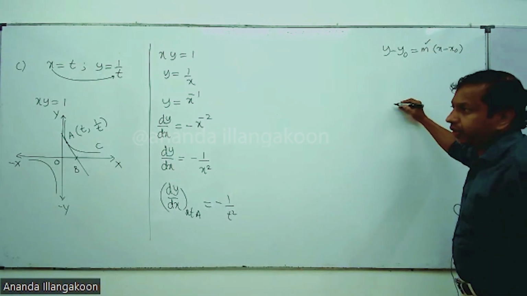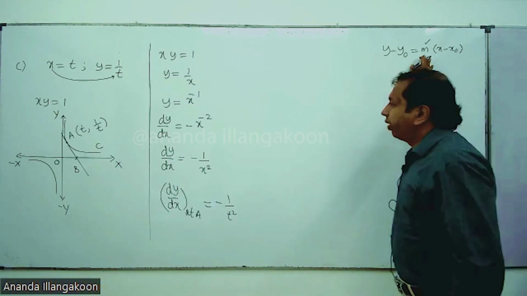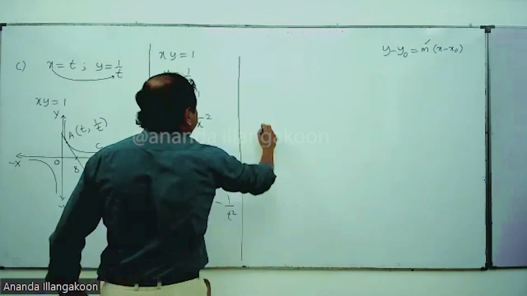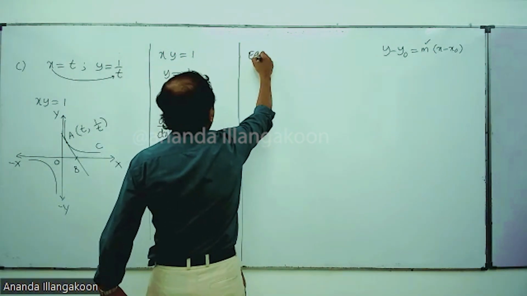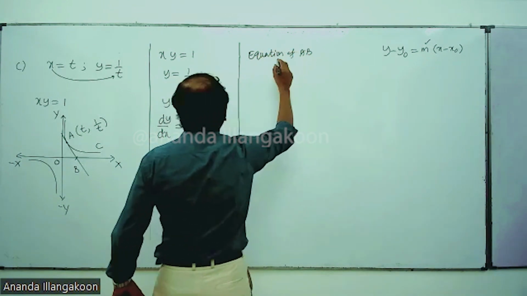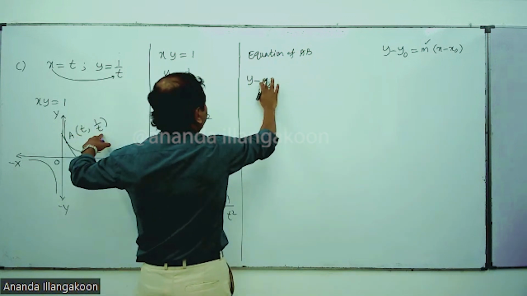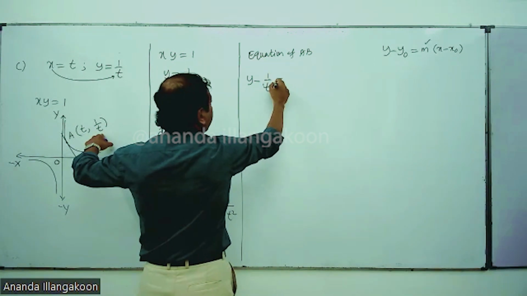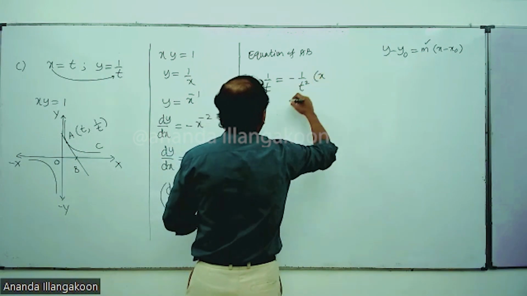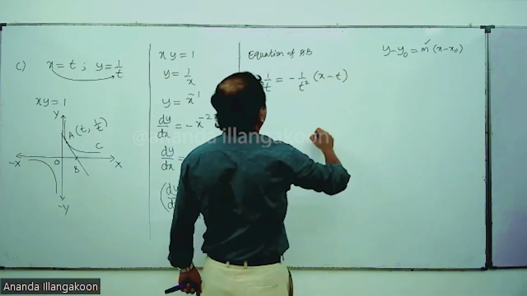I'm going to use this to find the equation of AB. Equation of AB, what do you get? y minus y naught, 1 over t, equals gradient, minus 1 over t squared, times x minus t. This is the equation of AB.